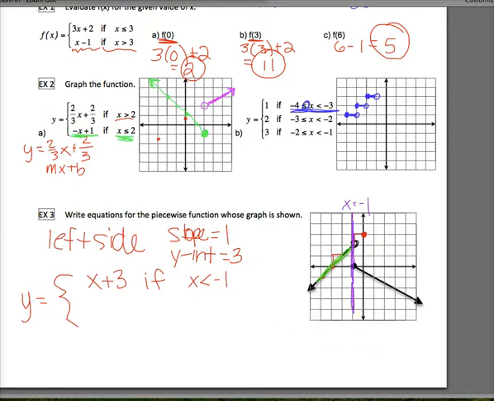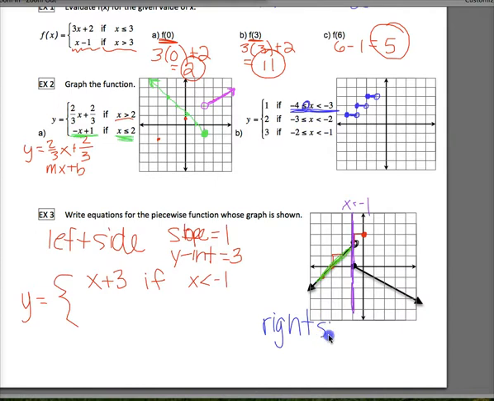Now I need to look at my right side. On my right side, from one point to another, I have gone down 1 and right 2. So my slope, down 1, right 2, is -1/2.